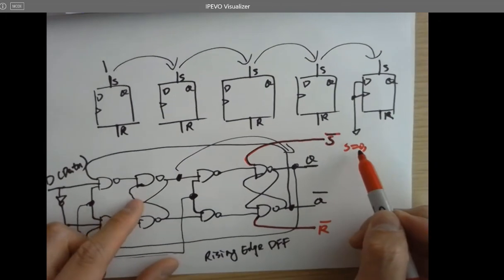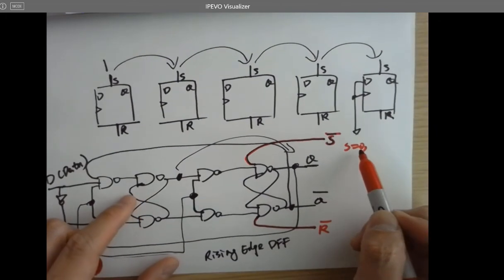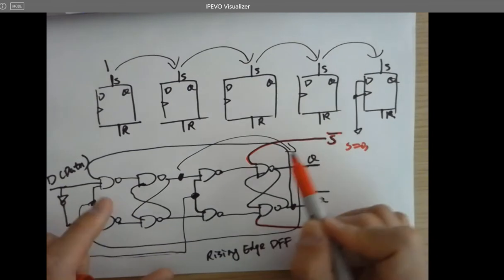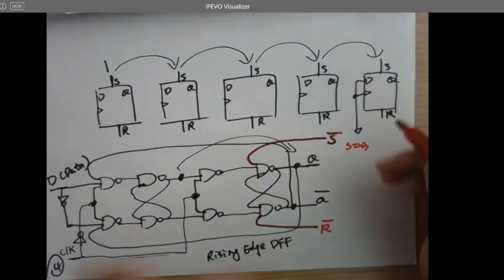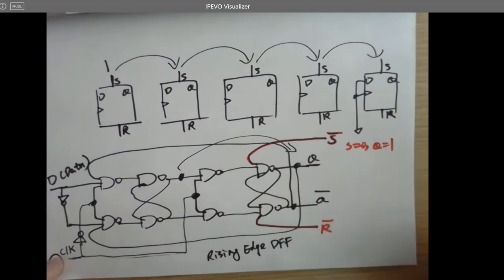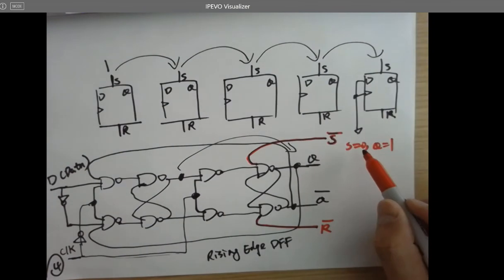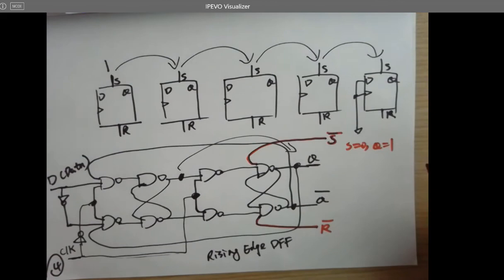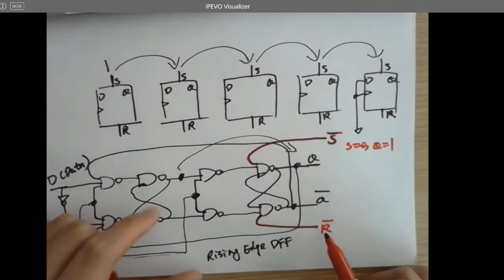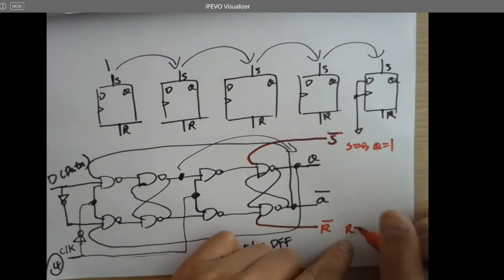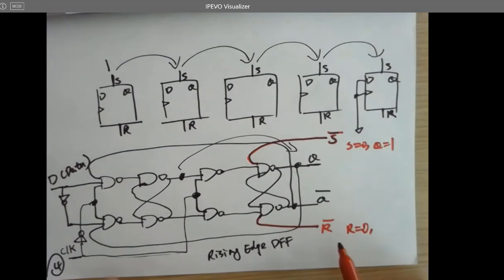If S is 0, Q will be 1. It's being set. All right. Now here, when R is 0, what's going to happen? What's going to happen when R is 0?